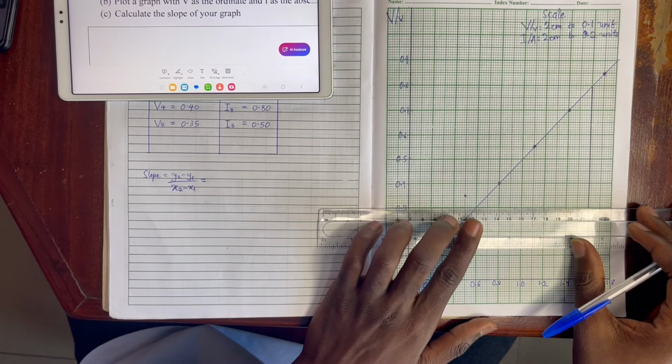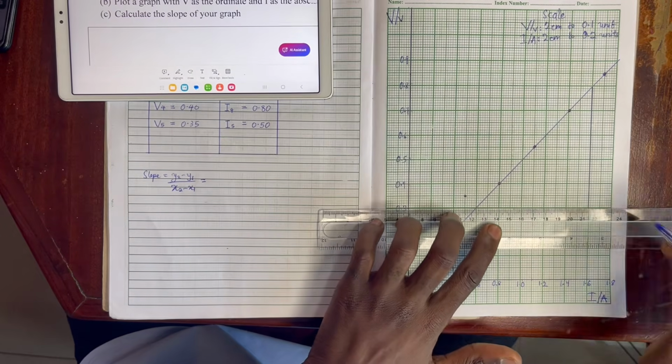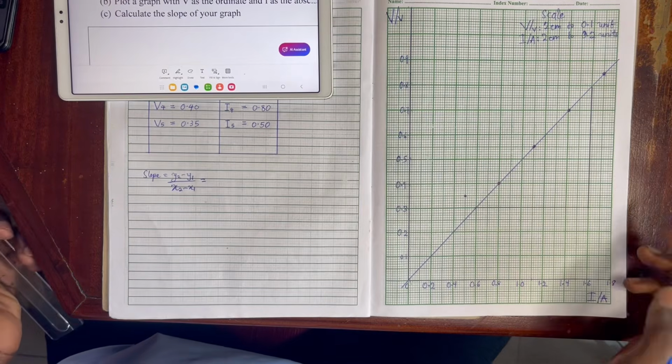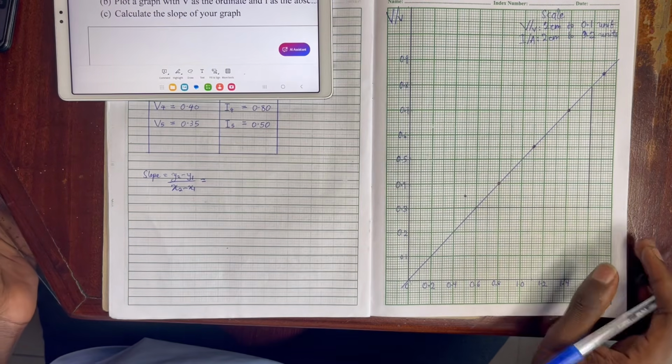I just want to make sure I give you a straight line. Okay, later I'll tell you why I'm using a pen for the graph. I'm actually supposed to use a pencil.